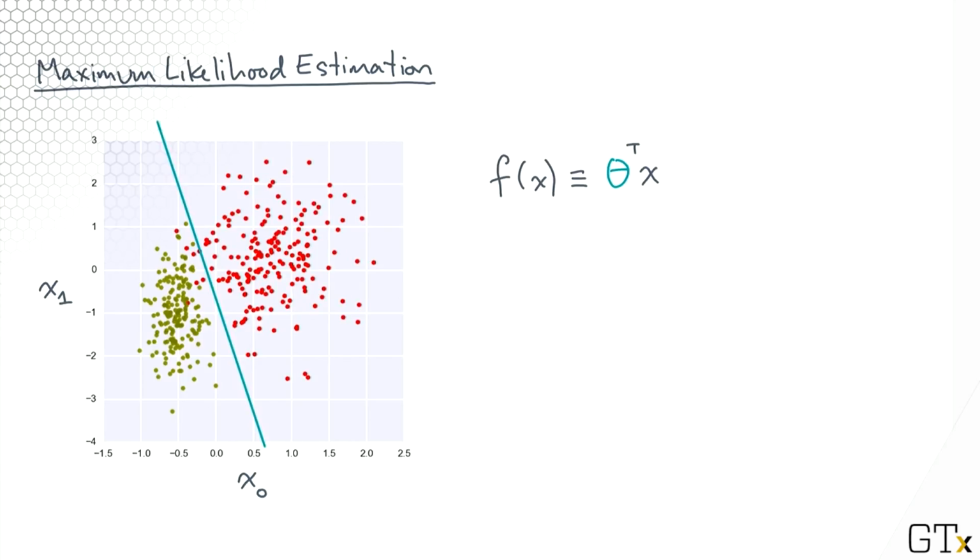First, you decide to look for a linear discriminant. As such, you can assign a score, f of x, to every point, where the score is theta transpose x. Theta is the unknown vector of parameters, and that's what you want to calculate. Given the score, you decided to convert it into a soft label by applying the logistic or sigmoid function to the score.